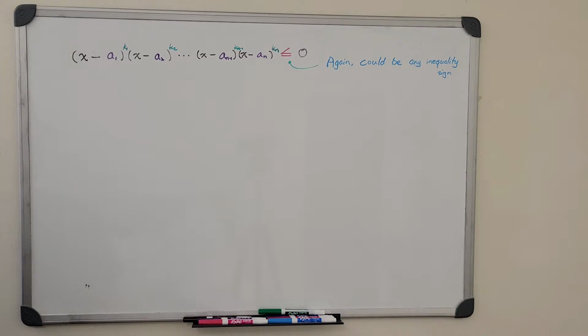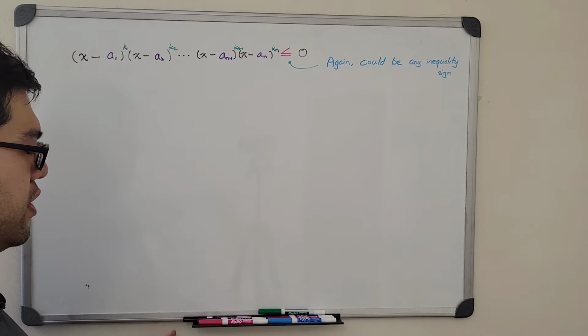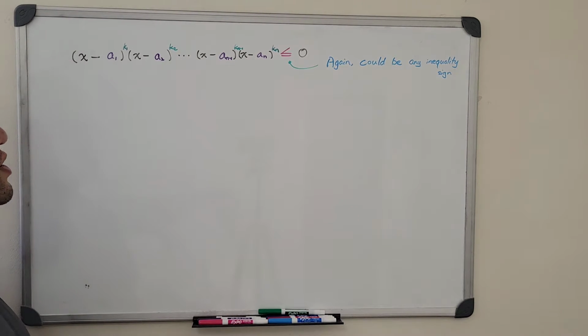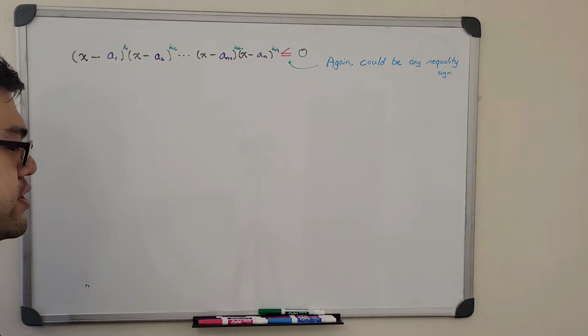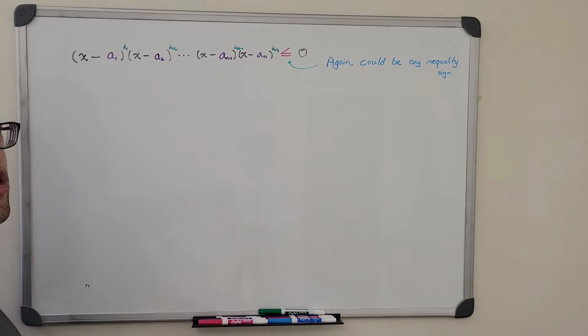So now if we have more than one copy, what do we need to be aware of in solving such inequalities? So now we need to go back and use kind of the same method as we did in part 1 of this video. That it's better to make a table.